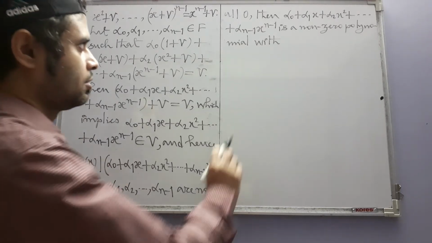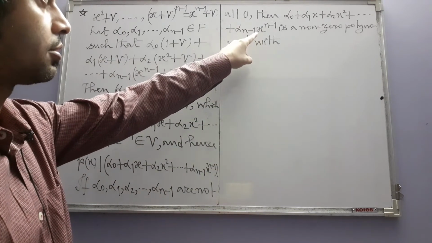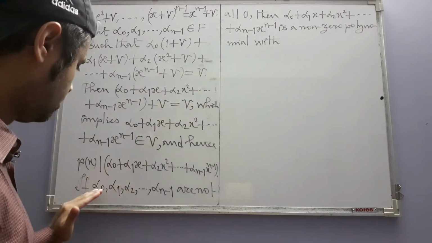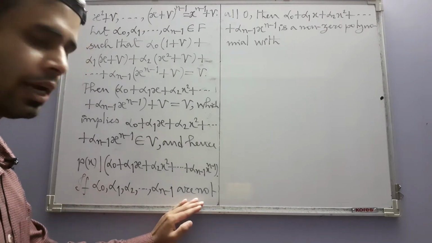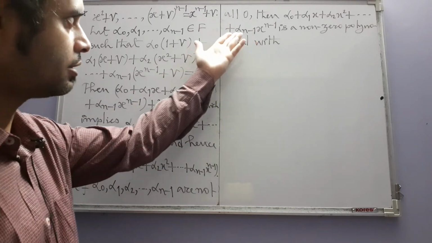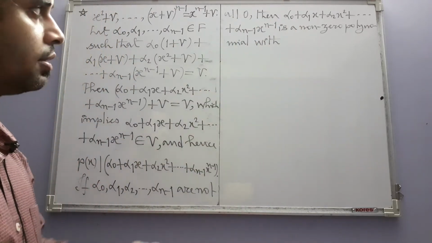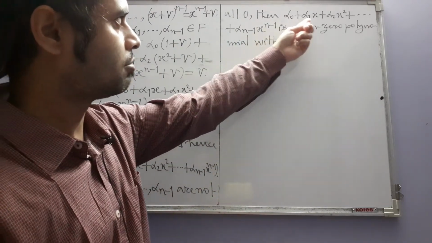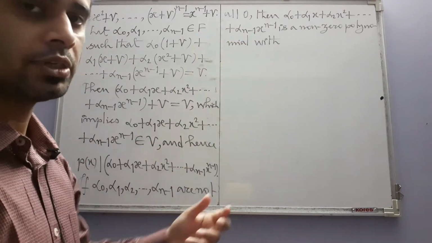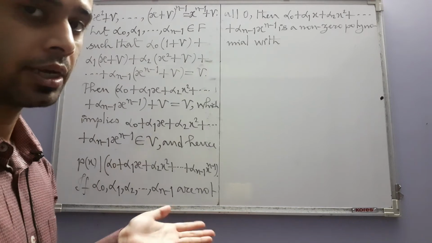Don't immediately conclude that its degree is equal to n minus 1 because of how it looks. This alpha n minus 1 itself may be 0. The condition that not all of these are 0 does not mean that this is non-zero. That's not necessarily true. Something else may be non-zero. Maybe alpha naught is non-zero, but all the other alphas are equal to 0. In that case, this polynomial will have degree 0. So what we can generally say is that the degree is less than or equal to n minus 1.